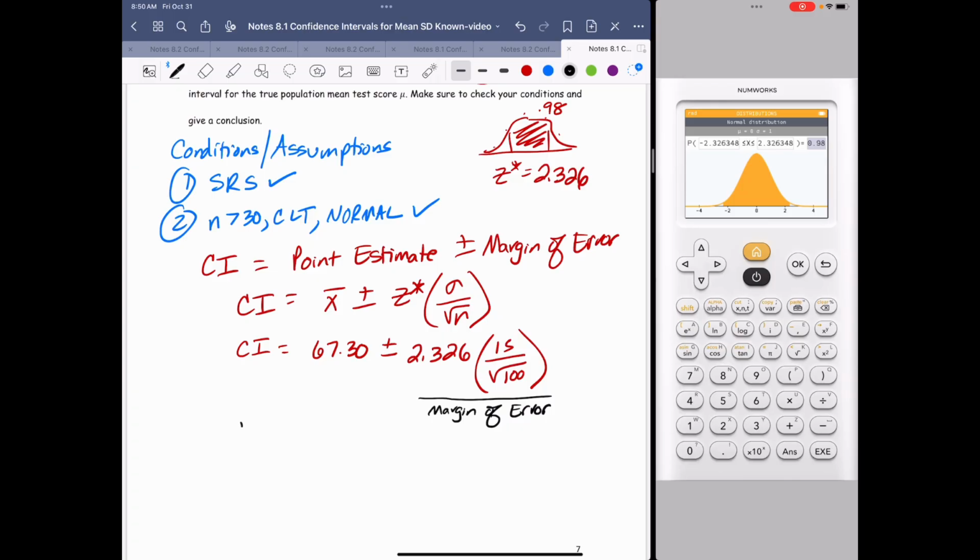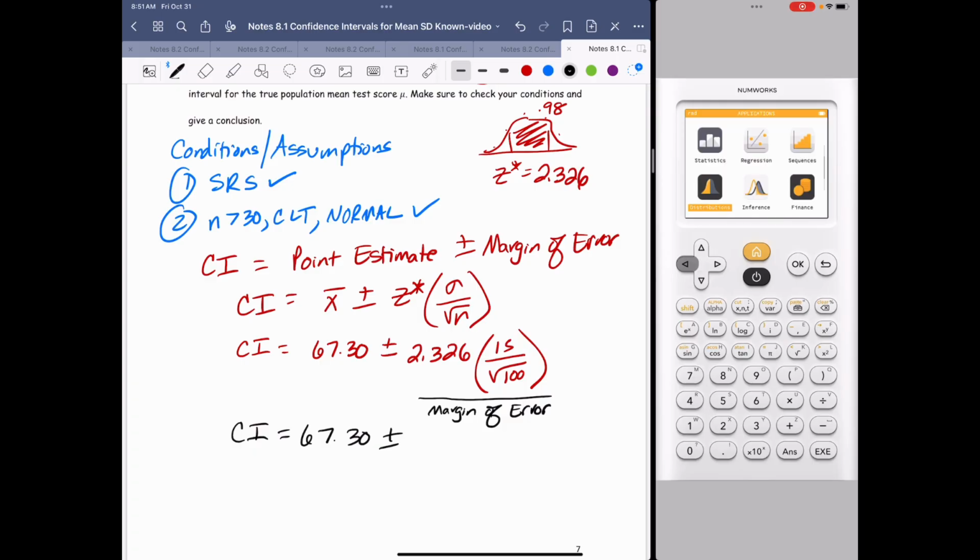So here's what I'm going to write next. I'm going to write 67.30 plus or minus, and go to your calculator and you can type the margin of error part in all at once. So I'm going to say 2.326 times the quantity 15 divided by root 100. All right, and I get 3.489. You want to leave 3 or 4 decimals, and obviously that's 3, so I'm going to leave 3 decimals.